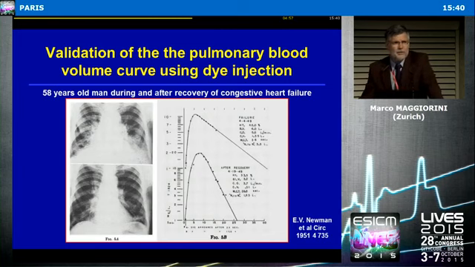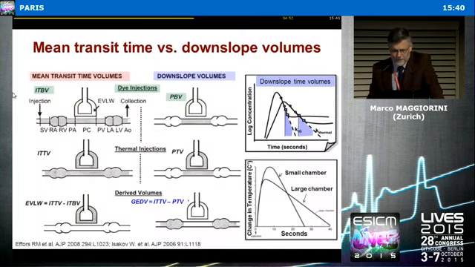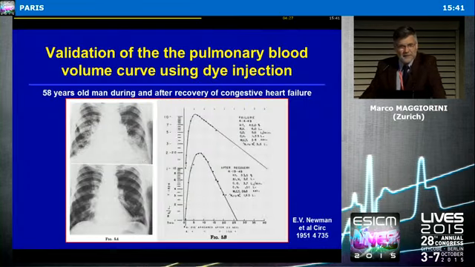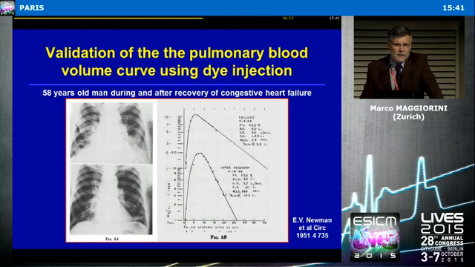before I go to this point, let me remind you of an important thing that I have already expressed here, to show you that the downslope time differs depending on the size of the chamber itself. If the largest chamber is small, the downslope time is much steeper. If the largest chamber is broad, the downslope time is less steep. This was already described in the 50s in patients with cardiogenic pulmonary edema.